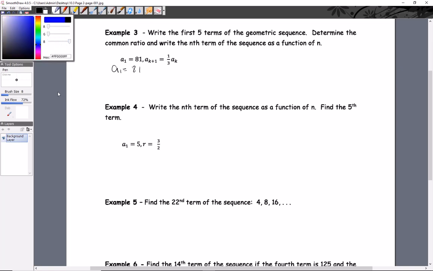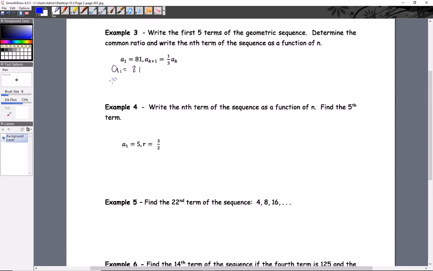Okay. All right. And then your second term is going to be 1/3 of your first term. So 1/3 of 81 is 27. And your third term will be 1/3 of the second term. So 1/3 of 27 is going to be 9.